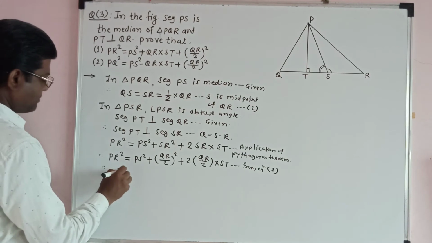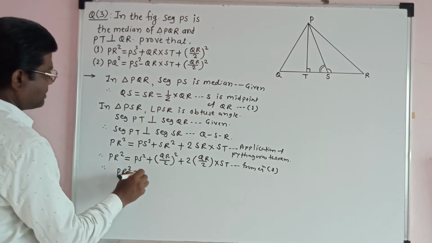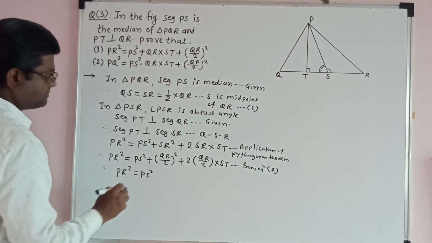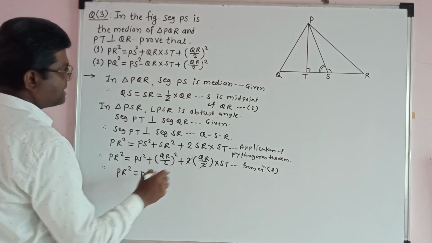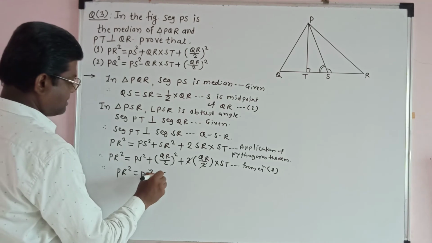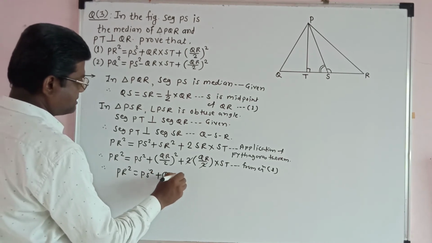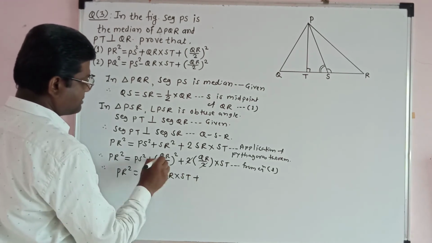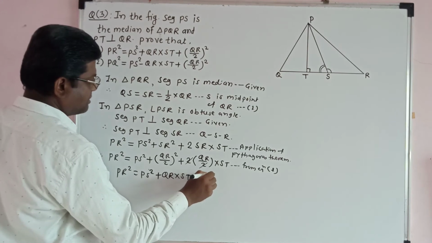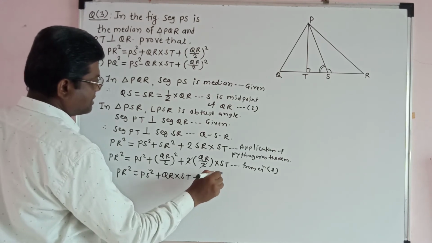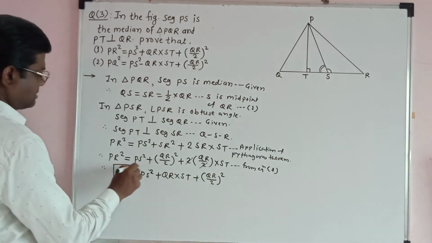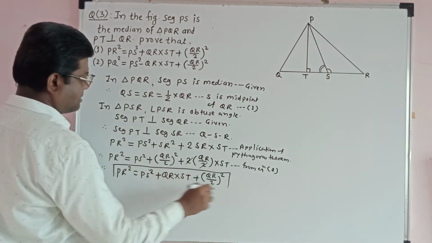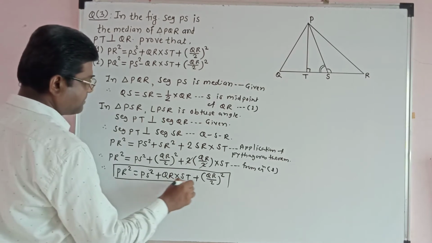Therefore PR square is equal to PS square plus, this 2 will get cancelled, QR into ST plus QR upon 2 bracket square. This is the first proof.